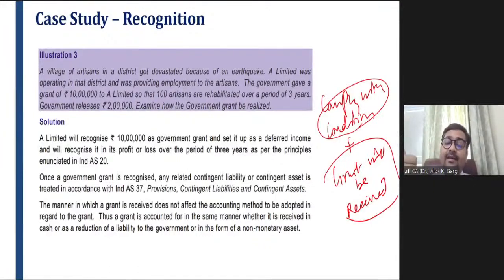In the second year, the entity will recognize 67% of the government grant, and will disclose the related contingent liability also. In the third year, if the entity complies with 100% of the condition, of course, no contingent liability is required to be disclosed. And if it is not 100% at the end of the year, of course, a liability is going to be recognized for repayment of the government grant. And this grant receivable has to be reversed.